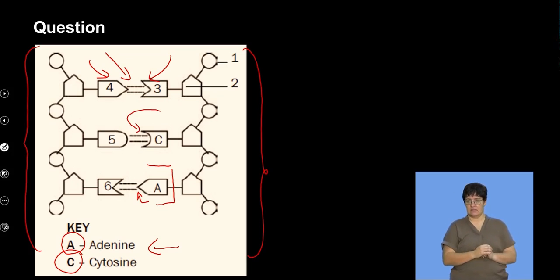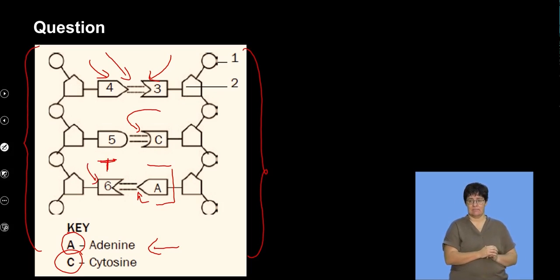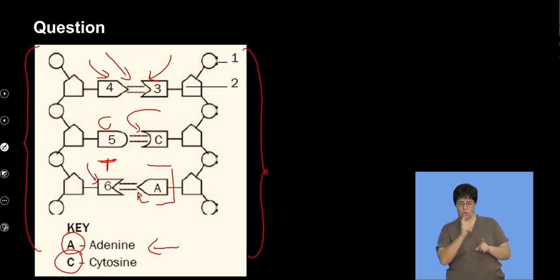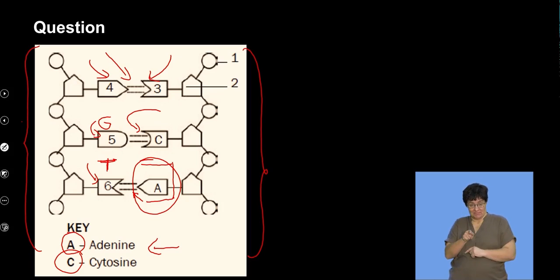Using our principles of complementary base pairing, we know that adenine will always base pair with a thymine, so this complementary nitrogenous base on the other end is going to be a thymine, and likewise cytosine base pairs with guanine, and hence number 5 is going to be a guanine base. So using the shape of A, we can figure out what the bases for number 4 and 3 are.